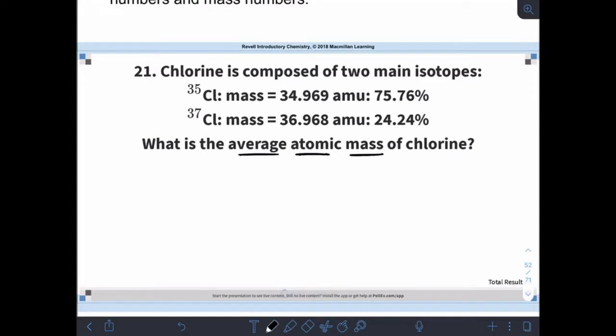Okay, average atomic mass has a general form.